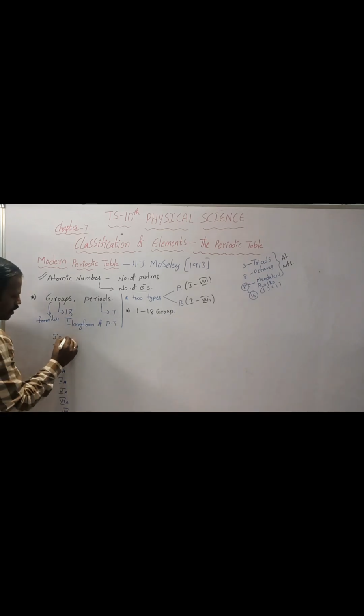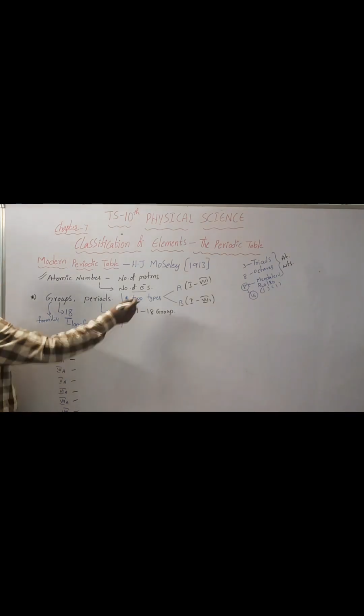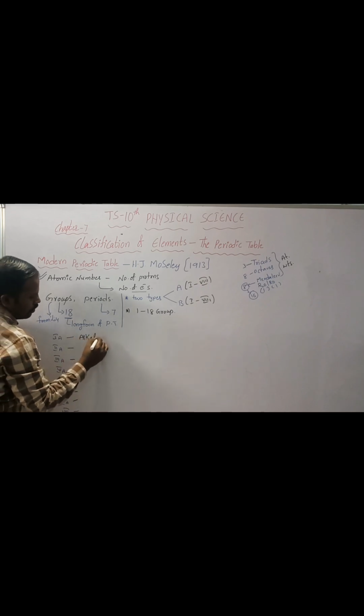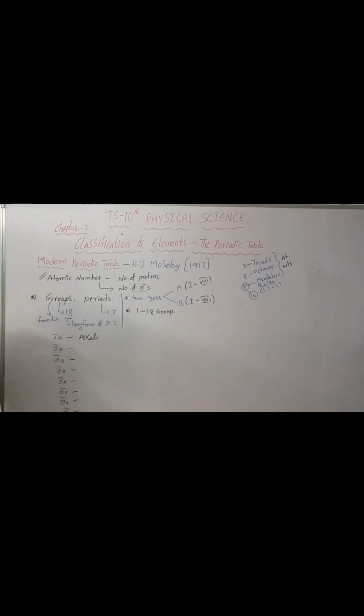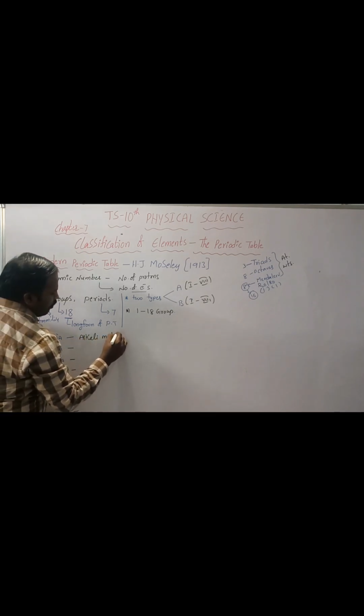So what is the first A group family, and coming to the last, up to the 8th A group family? What are the names? First group, the name is alkali metal family.